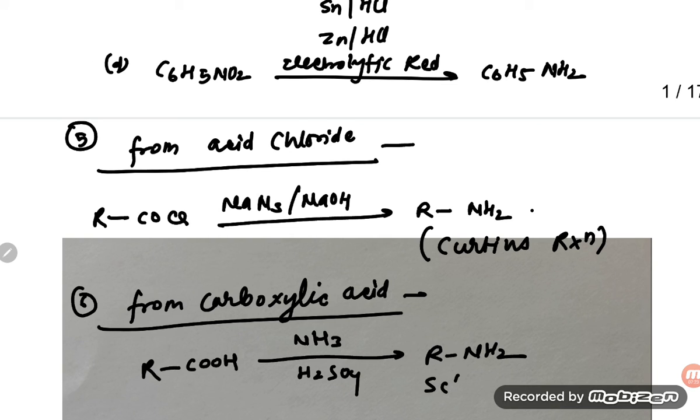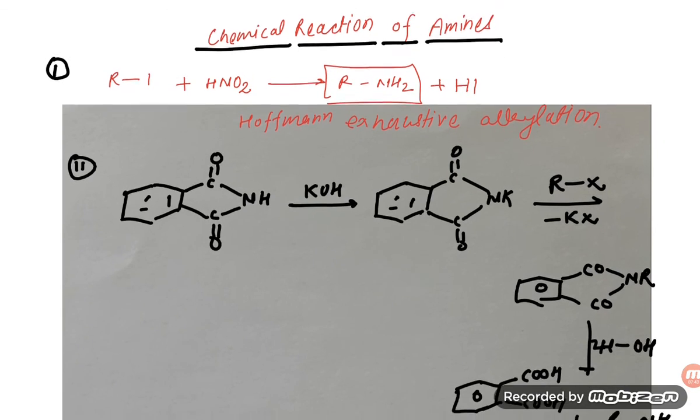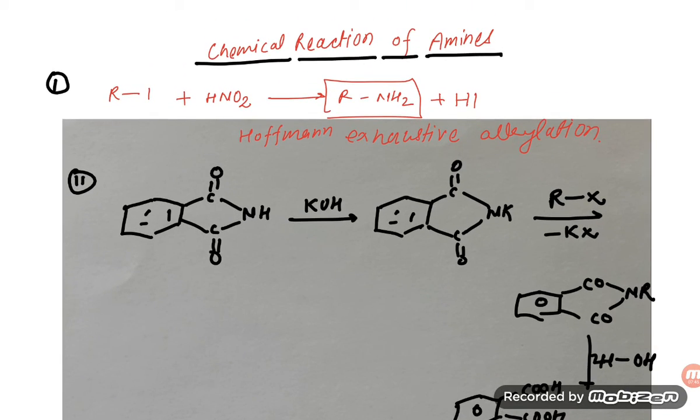This is known as the Schmidt reaction, students. So here how can you balance it, dear students? These were the methods of preparation of amines, students. Thank you so much for watching, dear students.